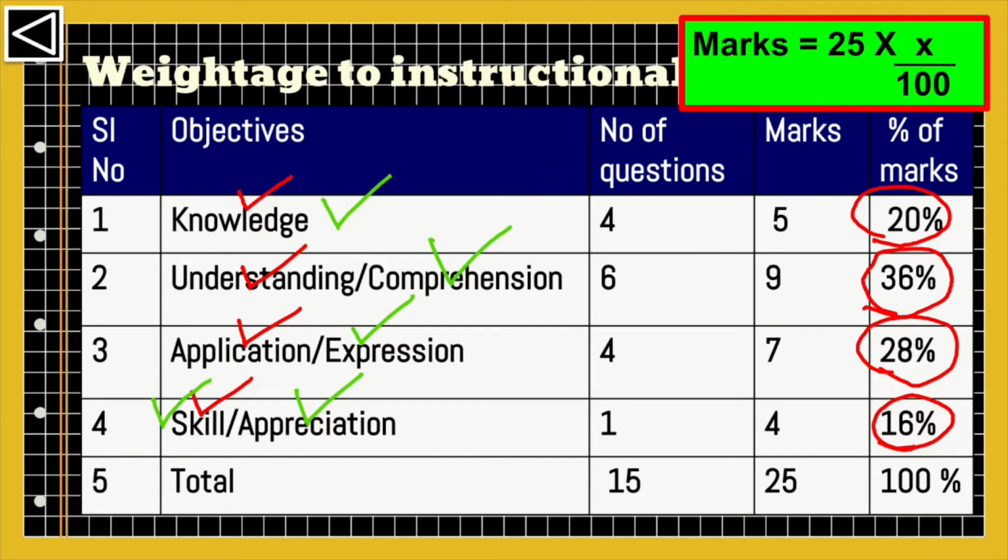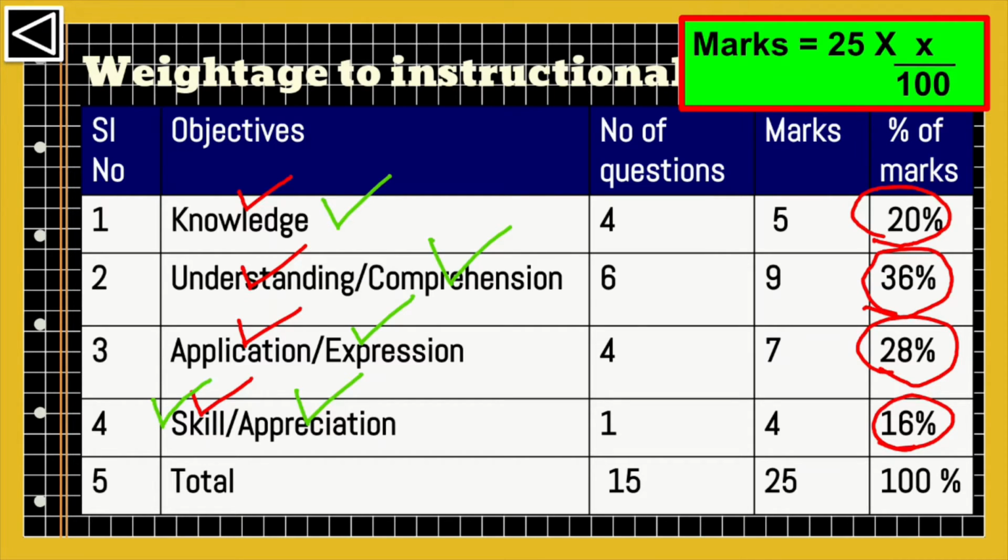Here you can see the total marks are 25 and the required percentage for knowledge objective is 20. So, 25 multiplied by 20 divided by 100, you get 5 marks. Accordingly, you can decide the number of questions based on the marks. The same can be applied for the other objectives.